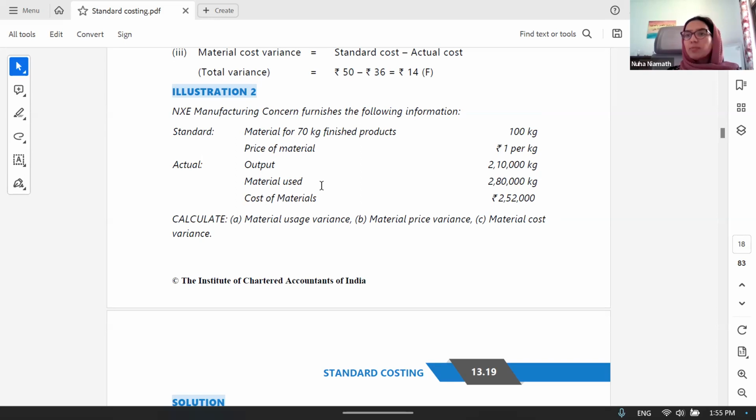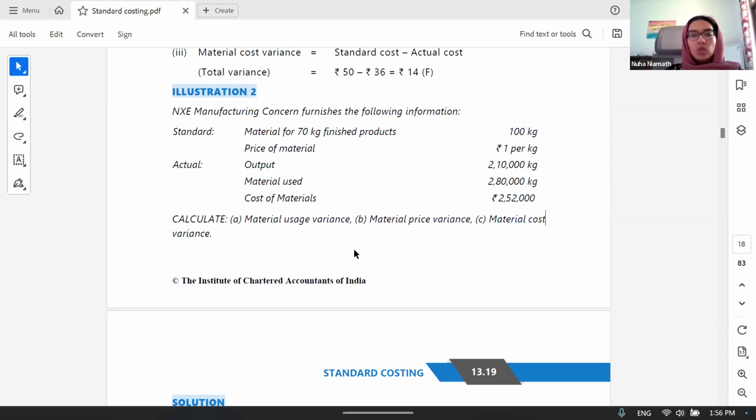Material used, actual input, AQ 2,80,000 kg. Cost of material 2,52,000. So this is the cost of total material. We generally will need the per unit, right? So here they've already given the total cost, that is AQ into AP, 2,52,000. Now, calculate the material usage variance, material price variance, and the material cost variance.